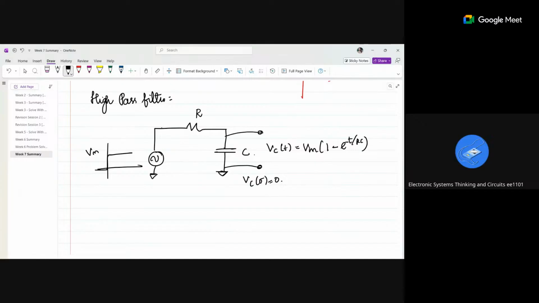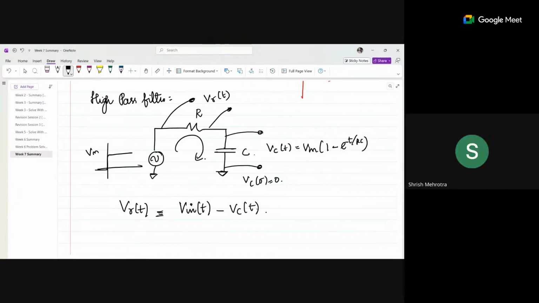Now, what is the voltage across the resistor, Vr of t? How to find Vr of t? We can directly apply KVL, right? Yes, ma'am. Vin of t minus Vc of t. Is it right? Yes, ma'am.